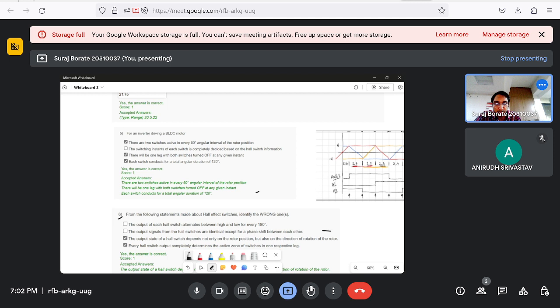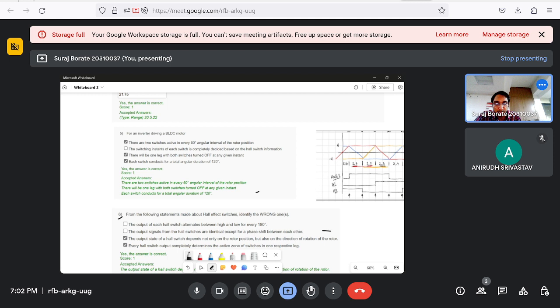So when there's a flat top, this is the diagram for the EMF with respect to time, and you can see that these are the different phases. Okay, and we have been asked for how much time the EMF is going to remain flat top for a particular phase.